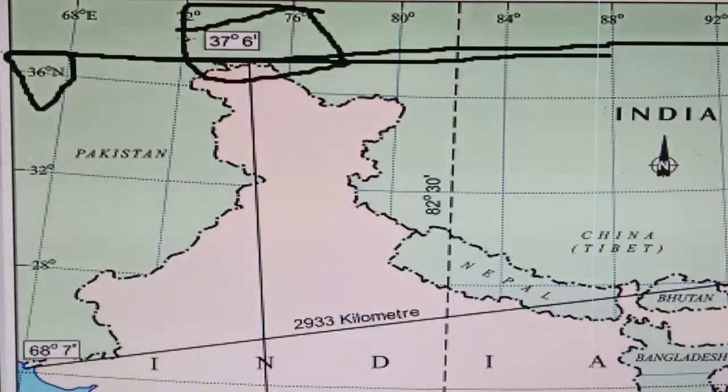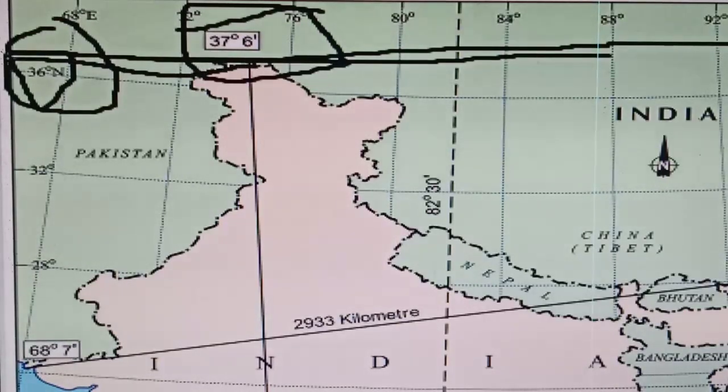That is 37 degree and 6 minutes north. See, 36 degree north is given here, but India's is 37 degrees and 6 minutes north. What is given here? North is given, that's why we are taking in north, right?